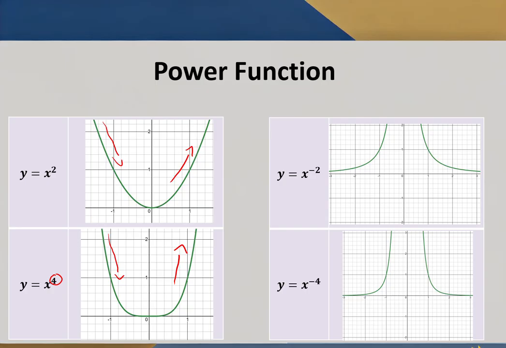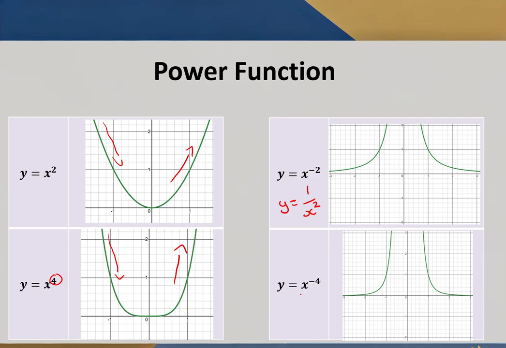Now, if we've got y equals x to the power of negative 2, we've seen this function in a different way. We saw it last year in Year 11, when we dealt with it as y equals 1 over x to the power 2. So it's just bringing to light that the power of 2 goes to the bottom and it becomes a negative.